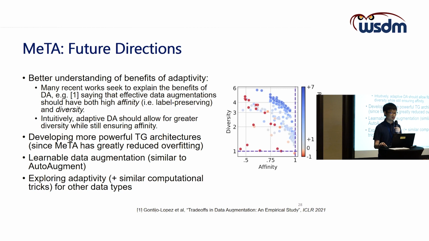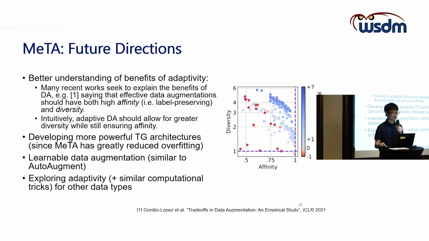There is some recent work which tries to explain that in order for data augmentation to be effective, it should have high affinity as well as high diversity. Affinity means that it should preserve the labels. We would like to use this kind of theoretical framework to better understand why adaptive data augmentation is necessary.